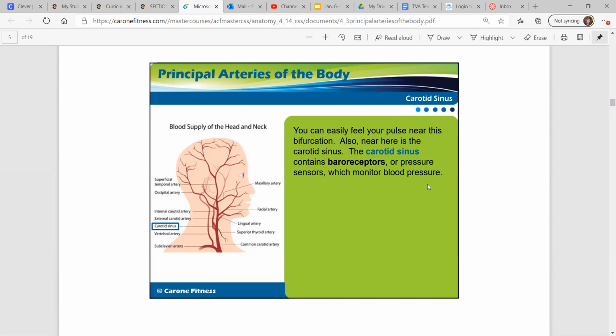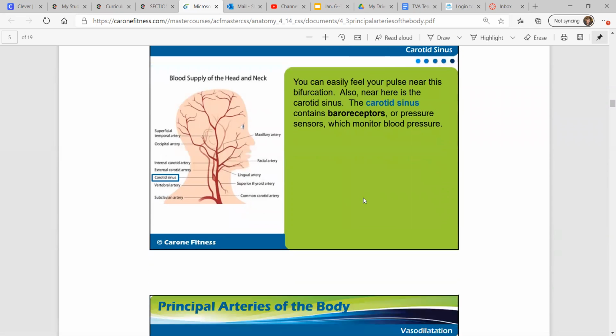Bifurcation, bi means two. Also near here is the carotid sinus. And that sinus contains baroreceptors. Baro, as in barometer, that deals with pressure. So receptors, they are like pressure sensors, monitoring your blood pressure.